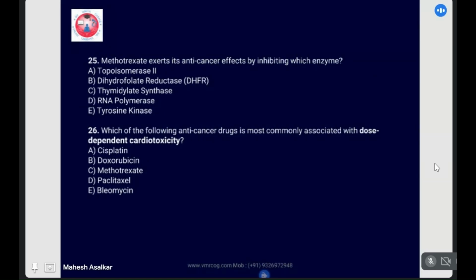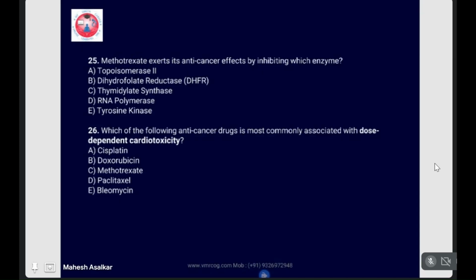Methotrexate exerts its anti-cancer effects by inhibiting which enzyme? Topoisomerase 2, dihydrofolate reductase, thymidylate synthase, RNA polymerase, tyrosine kinase. So option B, dihydrofolate reductase. Okay. Next, question 26.